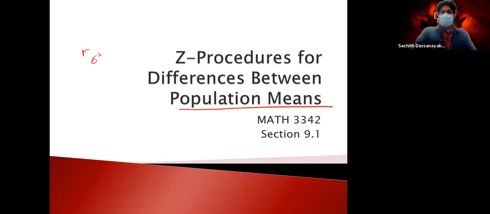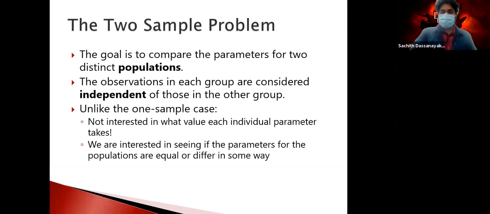For most of the time we can use the z-score idea, but sometimes we have to go beyond that. Let's talk about that. Two sample problems. In this case, we need to compare the parameters for two distinct populations. These populations are different.